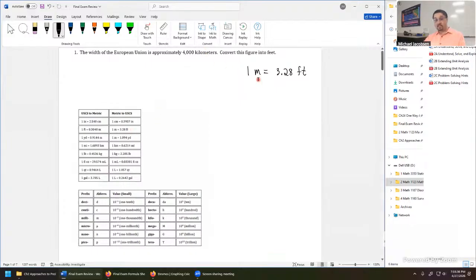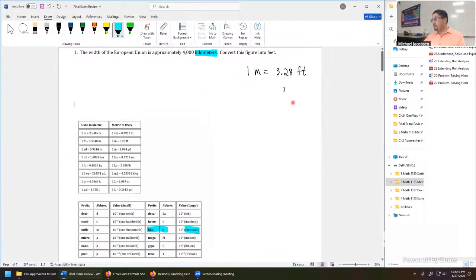But the trouble, though, is this is in meters. We want to get it into kilometers. But this table helps us out. If we multiply both sides of this equation by 1,000, the unit can be converted into a kilometer on the left, and just multiply the right-hand side by 1,000 as well.